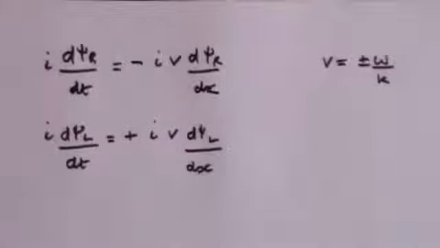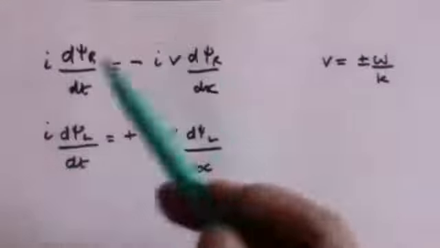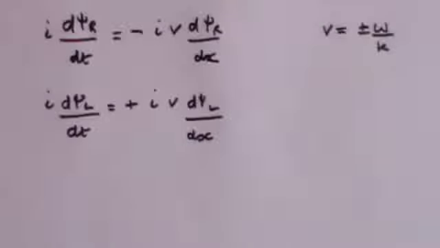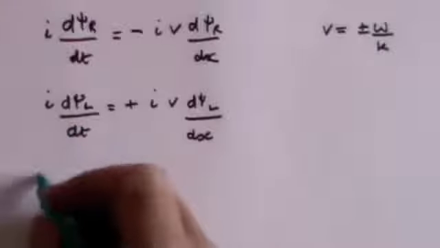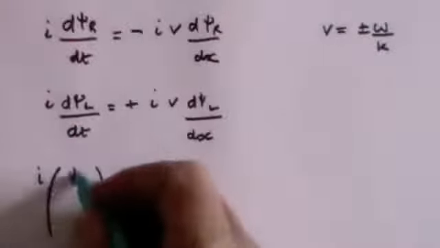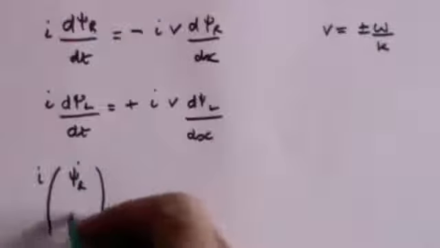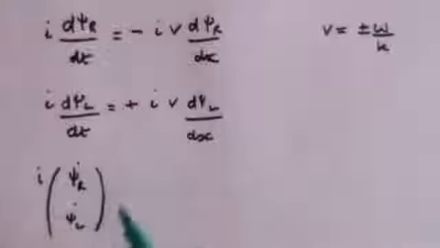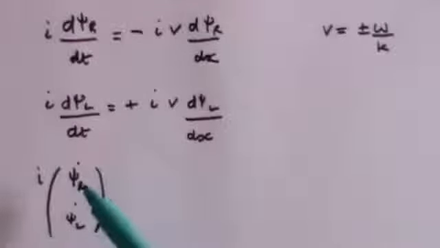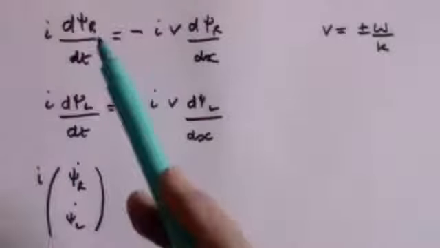Now I can rewrite these two equations, which are, as it were, simultaneous equations, in the form of matrix and vector by simply saying that that is i into psi right dot, psi left dot. And just a reminder that psi right dot is a shorthand way of writing d psi right by dt.